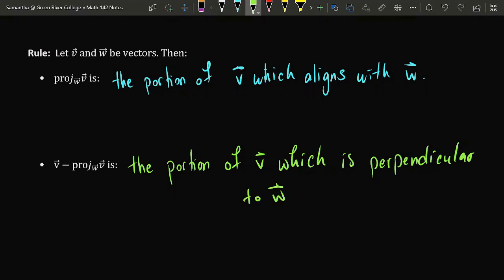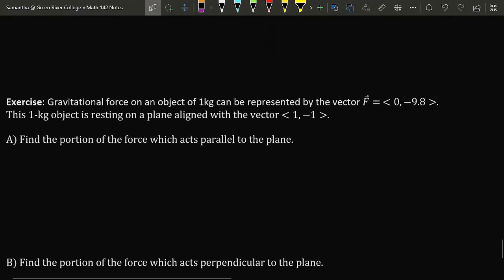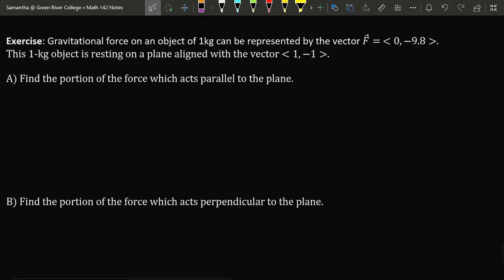to w. To give you one quick example where you might see this come up in physics, we have gravitational force acting on a 1 kilogram object, and this can be represented by the vector which has a 0 in the x component and a negative 9.8 in the y component.